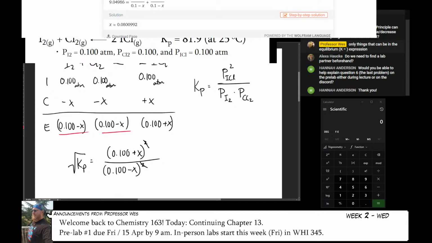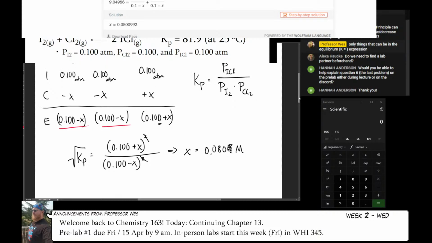There is one solution, and it is 0.0800. So we have determined that x equals 0.0800. And since I am manipulating these to what looks like the thousandths place, I'm going to just get rid of this number because it's not going to help us.